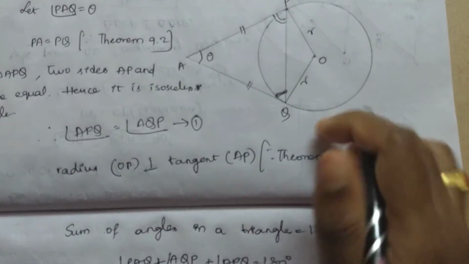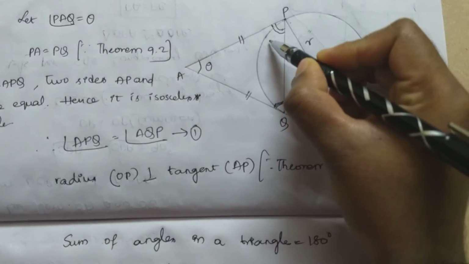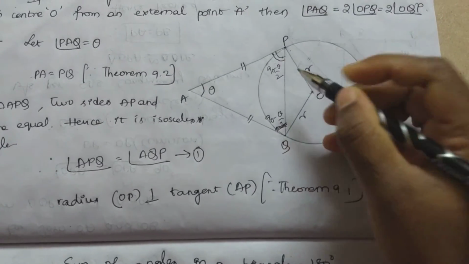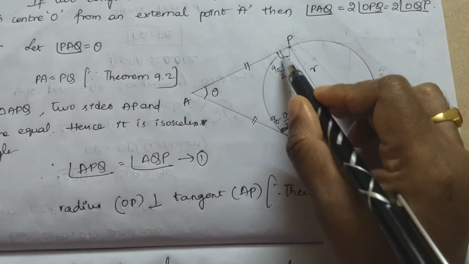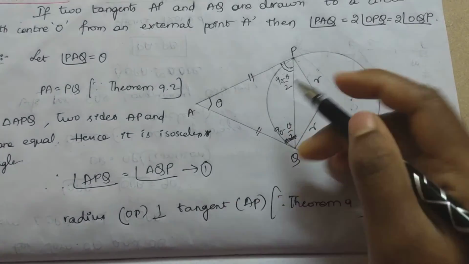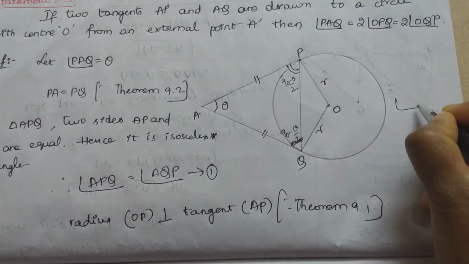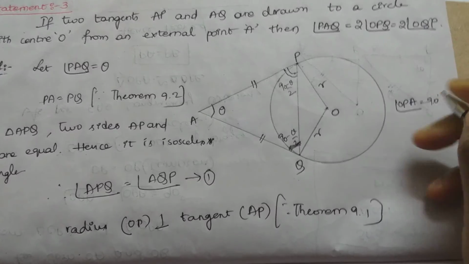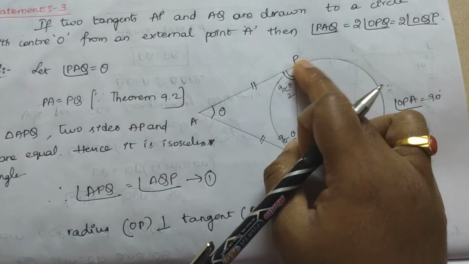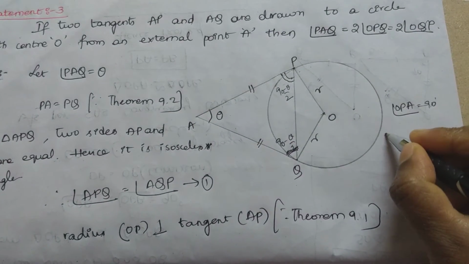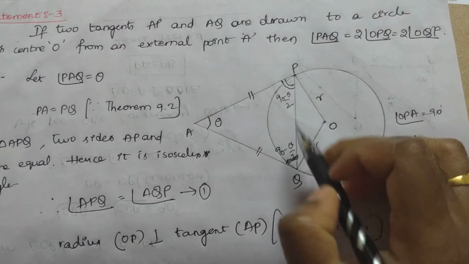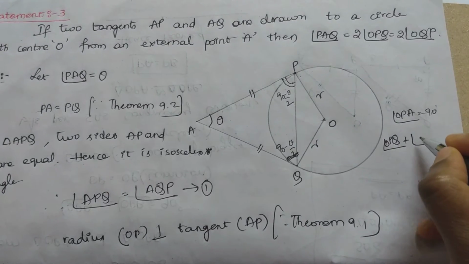See, let us look at the figure here. We got this as 90 minus theta by 2 and this as 90 minus theta by 2. The entire angle at P is 90 degrees because the radius is perpendicular to the tangent. So angle OPA equals 90 degrees. Angle OPA is nothing but angle OPQ plus angle QPA, or angle APQ, anything is same.